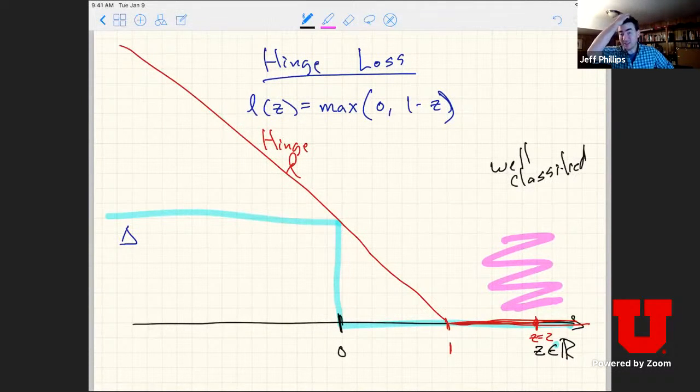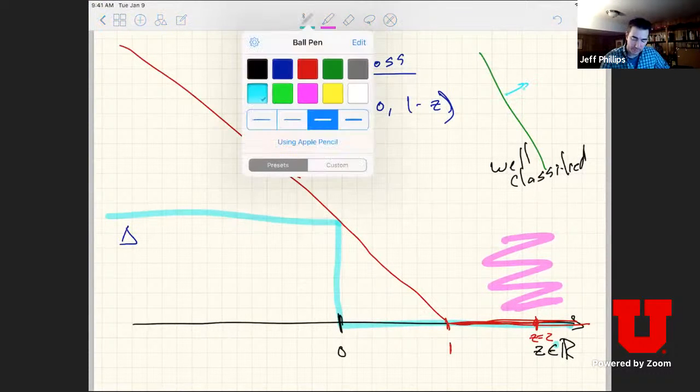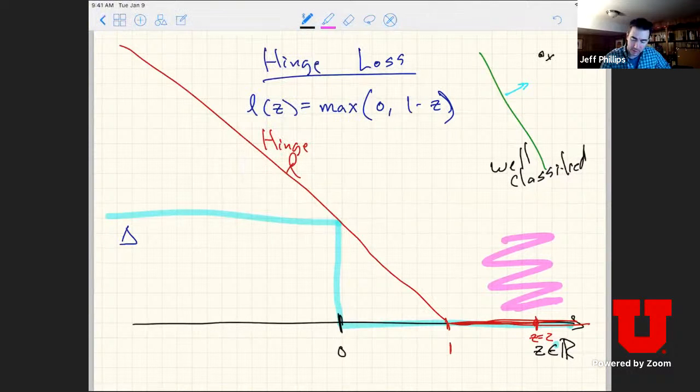Remember this green line over here, and I have a normal vector, and a data point x here. This here is a distance of 1. If I'm more than a distance 1 classified in the right direction, this is a positive point over here, then it's going to have a cost function of 0.